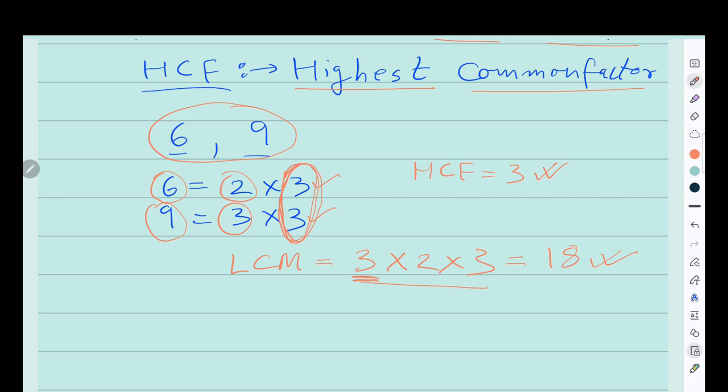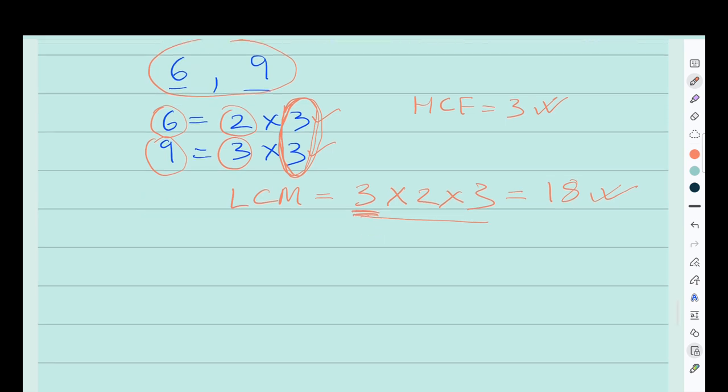As this is a very simple example, we will just see one formula. HCF of any two numbers multiplied by LCM of those two numbers is equal to number 1 multiplied by number 2.